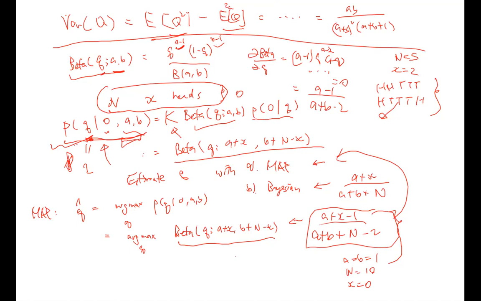Given the information here, what should my belief be of the probability of the hat of that coin using MAP estimation? Yes, it's just 0. You substitute that.